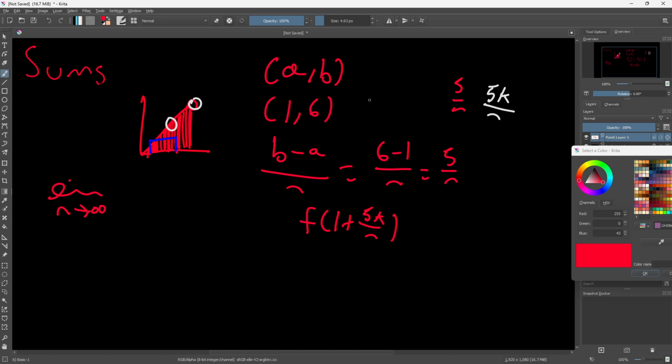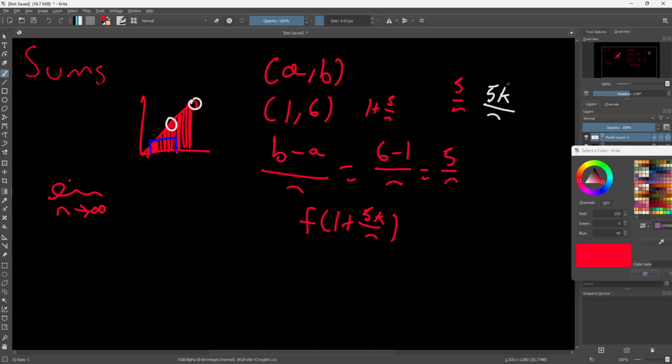If you start at 1 plus 5k over n, the height of the first rectangle would be when k is 1. So 1 plus 5 over n. And so for the second rectangle, it would be 1 plus 10 over n. You're just moving along the graph, right? And so that's how that works, right?